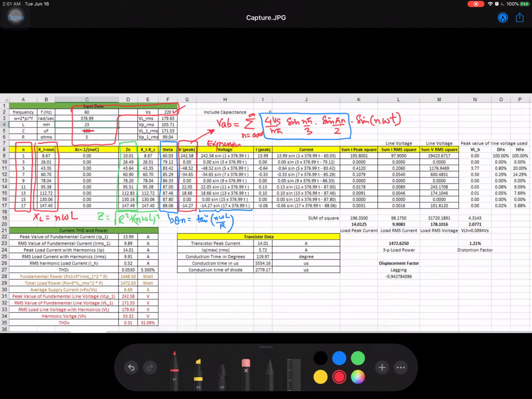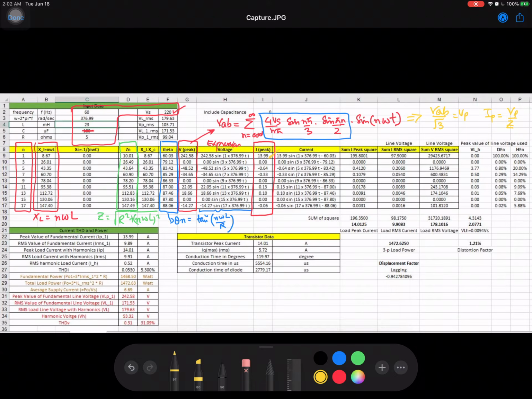Then we are calculating the peak current considering the Y connected load. So how to calculate this current? First of all, you will have to divide this voltage VAB by root 3 to get the phase voltage, and then dividing this phase voltage by the impedance of the phase at that particular harmonic, at that particular frequency, you can find out the current.